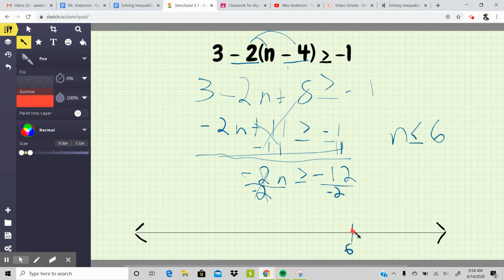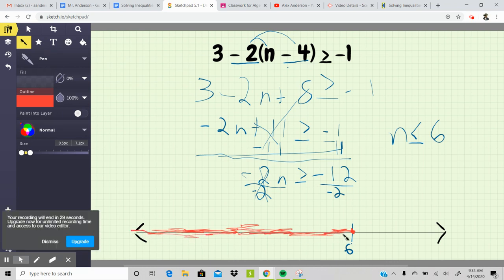And it's also saying that it's everything less than 6. So I'm going to shade in everything to the left of 6. Okay? And again, I'm trying to make this look okay with my online virtual pen. I would shade in everything to the left of 6.